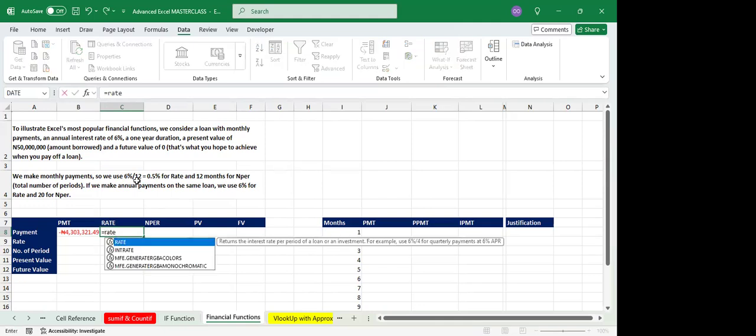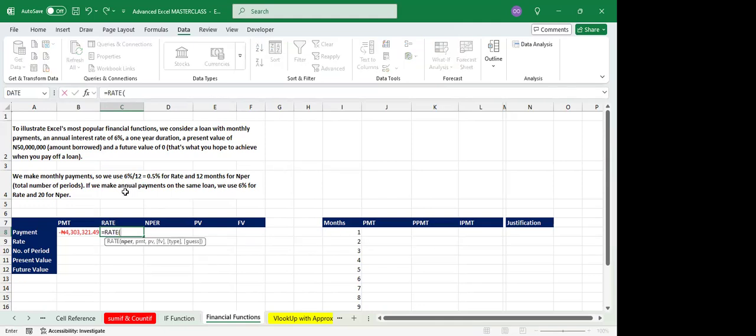I'm going to use the RATE function, right? And if I call out the arguments, these are the arguments that I'm going to have. You can see that I have number of periods, I have payment, which I calculated here. I must have it to calculate rate. I have present value, but it is the rate that I don't have. So I can use the RATE function to calculate the rate.